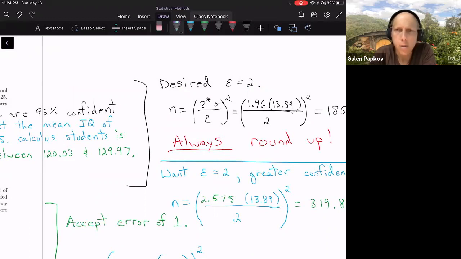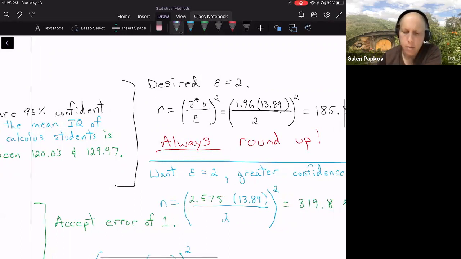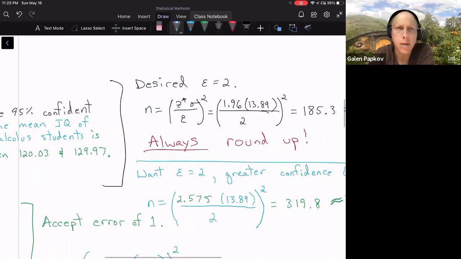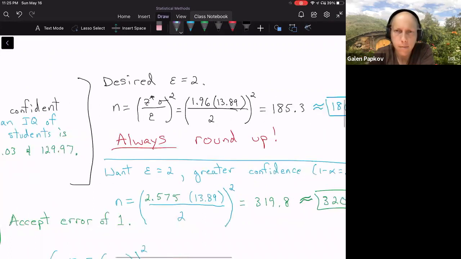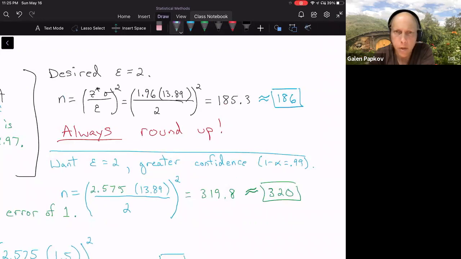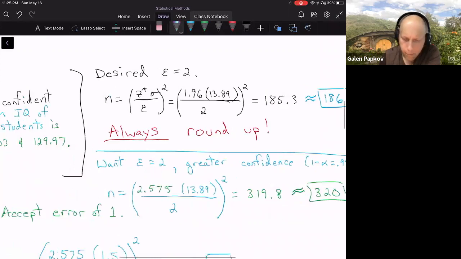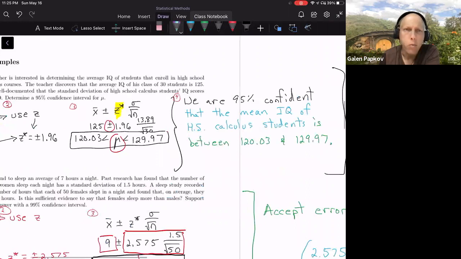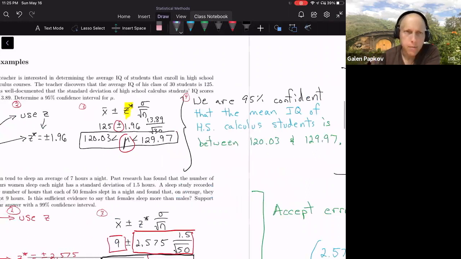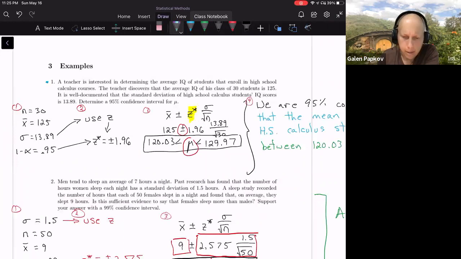The standard deviation was 13.89. 2 is our desired error. Multiply, divide, and square that, and we've got 185.3, which means my final answer is 186. And remember, you always round up. 186. And so in order to have less error, which is what's going to happen in this case, we want more data. And so that should make sense.